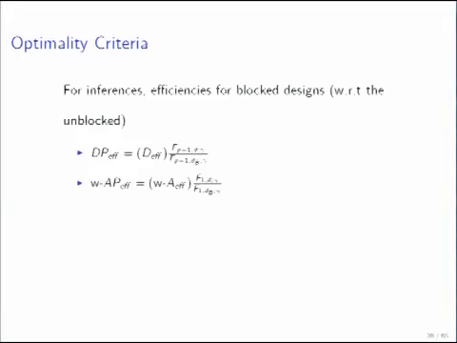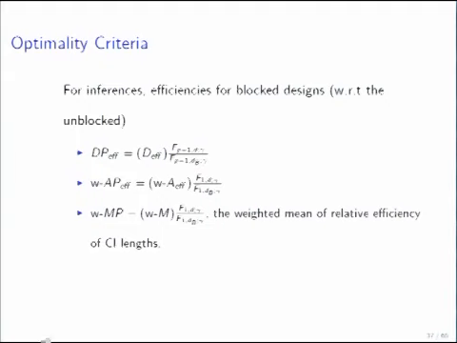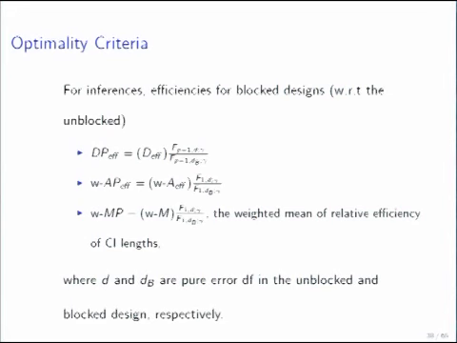We have the same idea for the A criterion, and if we want the relative efficiency for individual confidence intervals for individual parameters. I forgot to define here: D is the degrees of freedom for the unblocked design, and dB the degrees of freedom for the blocked design.